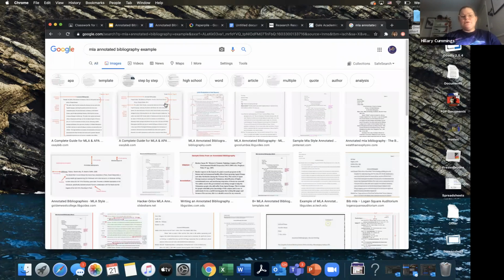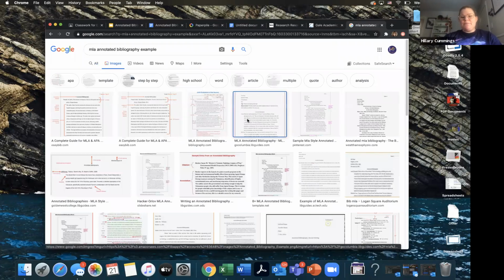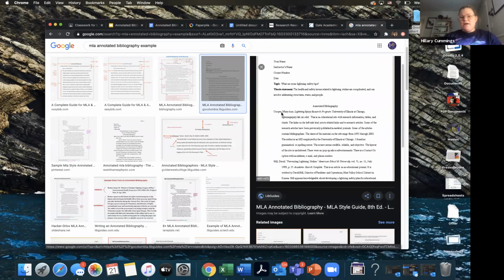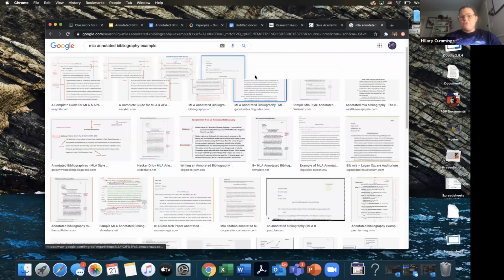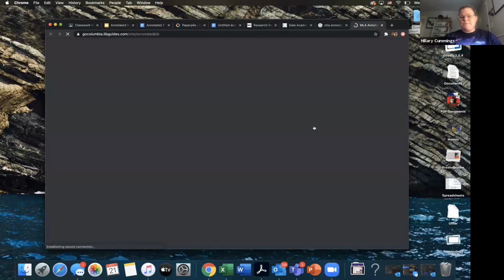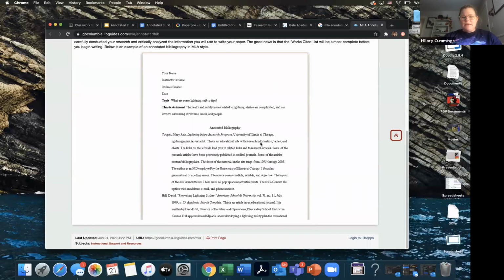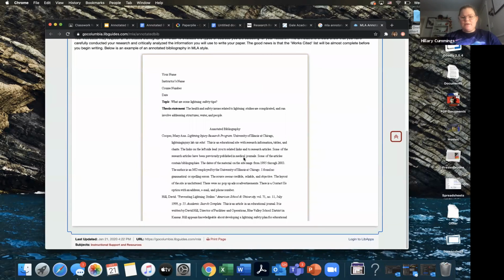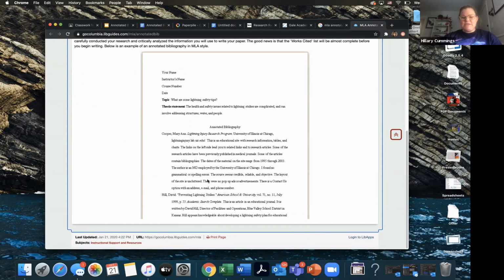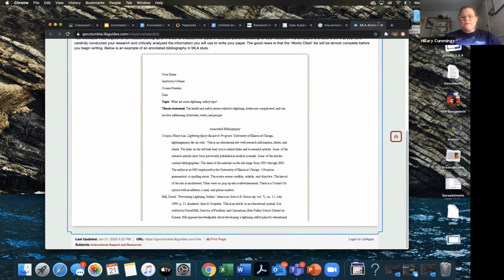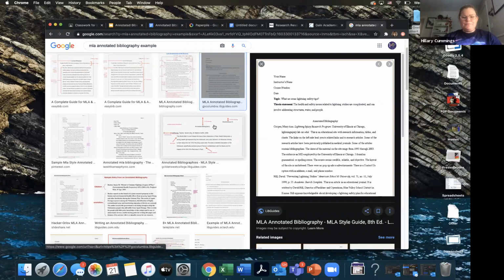All right, you can Google MLA citation annotated bibliography examples, and see multiple ones here. You'll see here's an example where it has the citation, and then it has the annotation, and it's in alphabetical order.